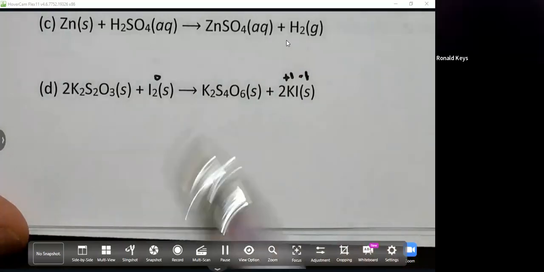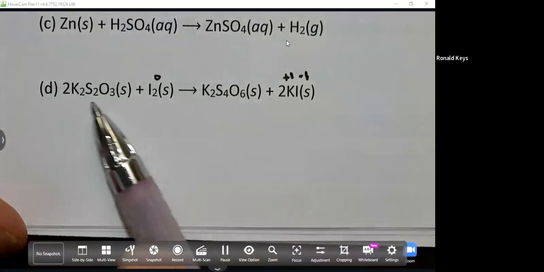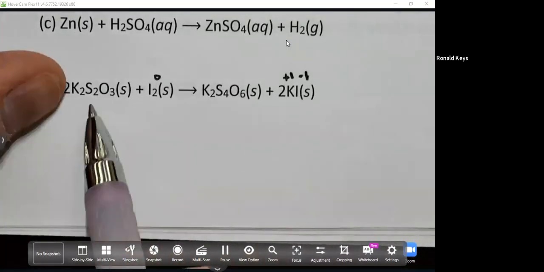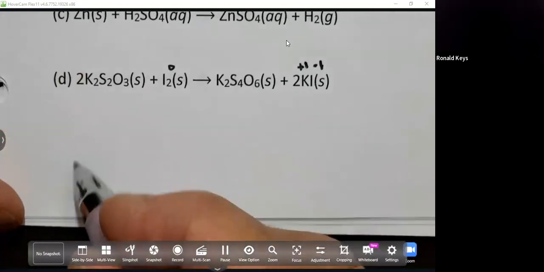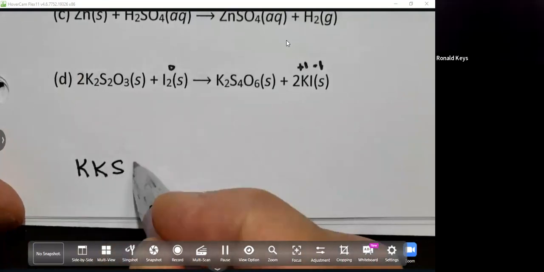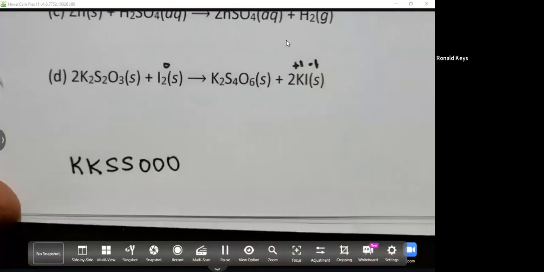So typically it's going to be sulfur here that's changing. Let's see if we can figure out the sulfur here. I'm going to go down below here. We've got 2 potassiums, 2 sulfurs, and 3 oxides.